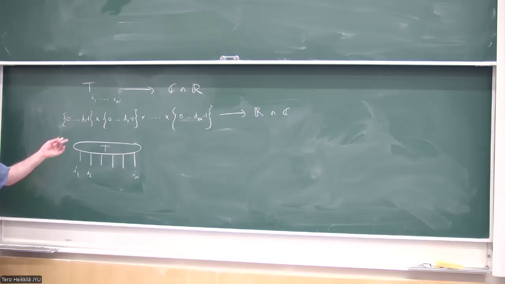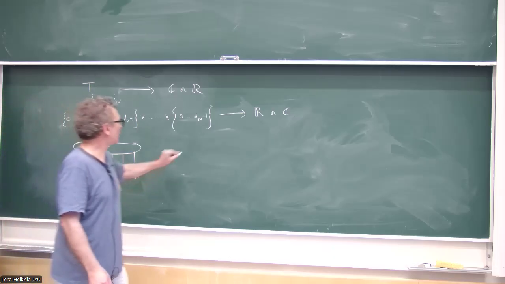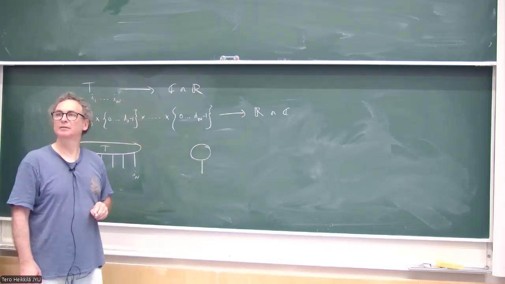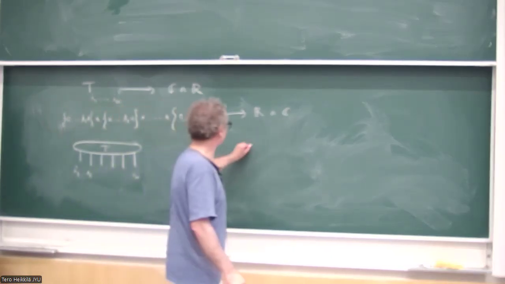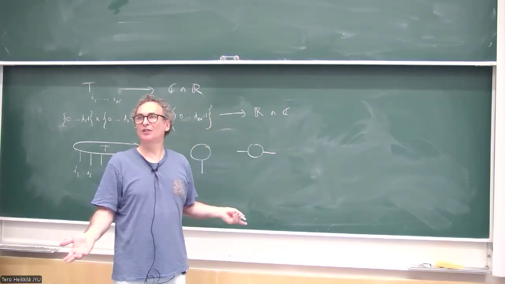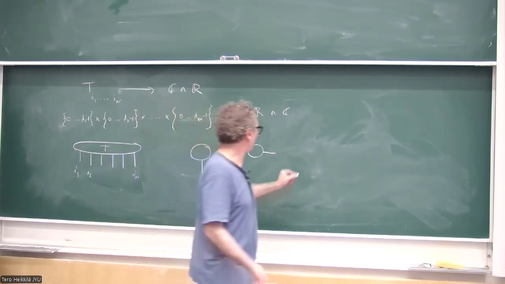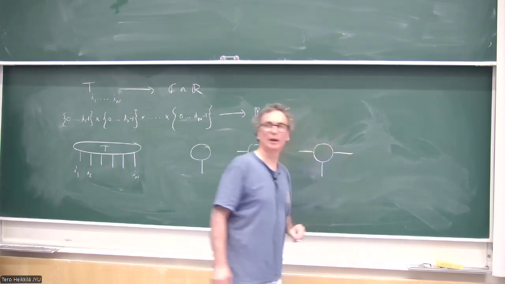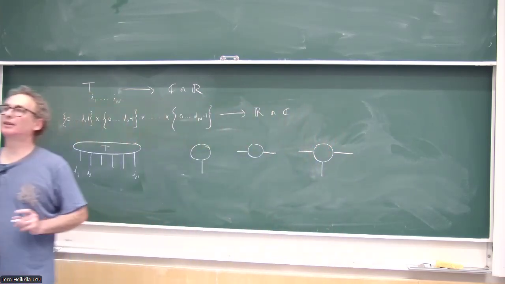Okay, so in this sense, a vector is something like that. A matrix is something like that. And things start to be funny when you have at least 3 indices.